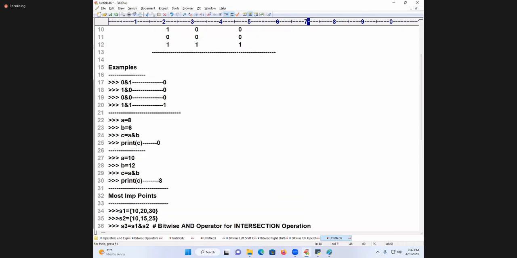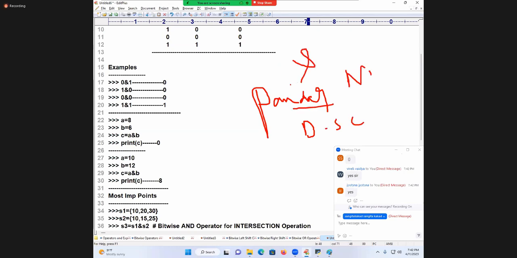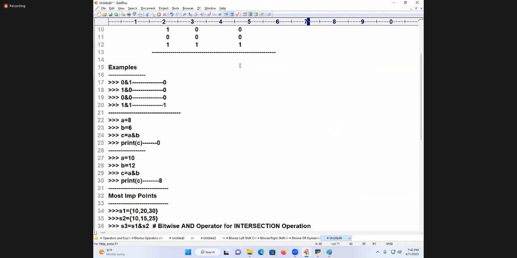Bitwise OR operation and AND operation are very much useful, students, in pandas. In data science also we will use. In NumPy, in many places we will use what? Bitwise AND operation we will use it. We don't use very frequently what operator? AND operator. AND operator I don't need at all, because I will give you a beautiful explanation. I don't need AND operator.